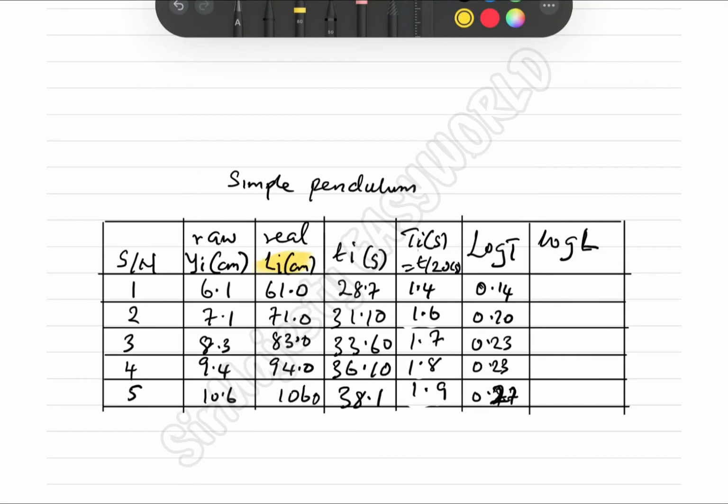We have taken the log of these values. So let's check.